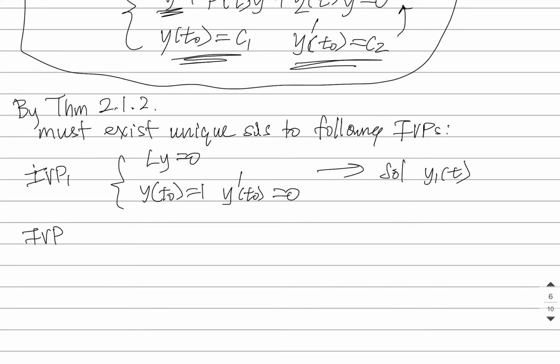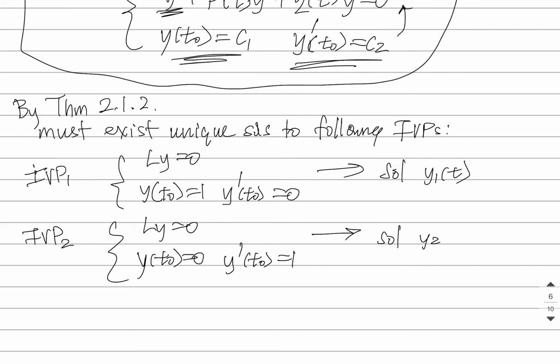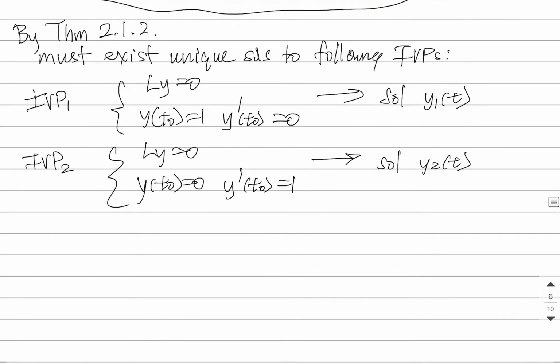We'll call this initial value problem 2. Ly equals 0, y of t naught is 0, y prime of t naught is 1. And we're going to call that solution y2 of t. And then just some general initial value problem. So the general initial value problem: Ly equals 0, y of t naught is C1, y prime of t naught is C2.